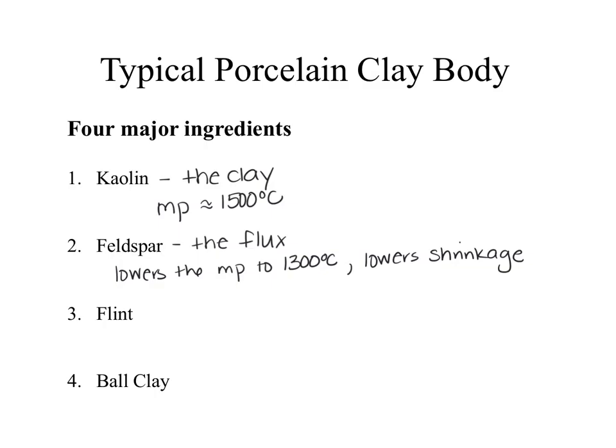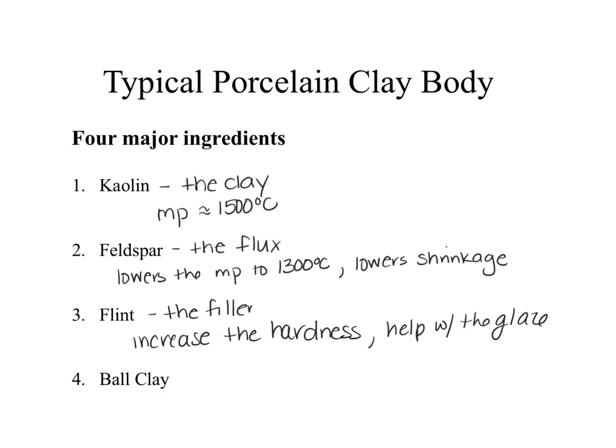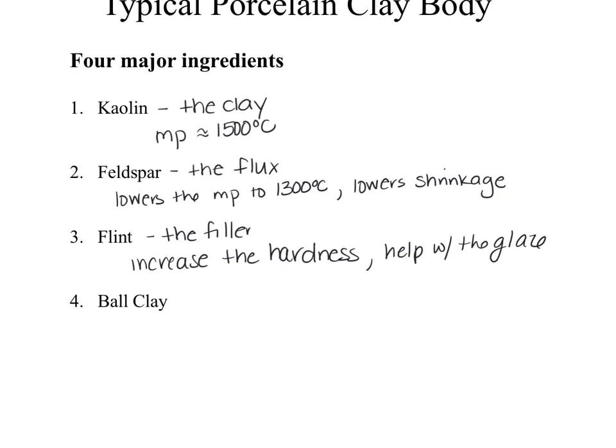Then we would mix in some flint. This would be the filler. This would increase the hardness. And then it would help with the glaze fit. And then we would maybe mix in another clay. Maybe we mix in some ball clay. So this is another clay.